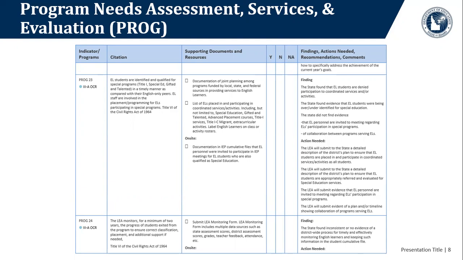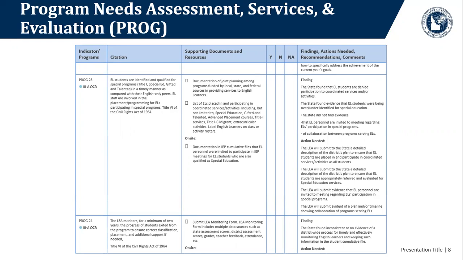So we do need to have documentation of joint planning sessions between programs. And then we want a list of EL students placed and participating in coordinated services and activities. This should include, but not be limited to, special education, gifted and talented, advanced placement courses, Title I services, Title I-C, extracurricular activities.